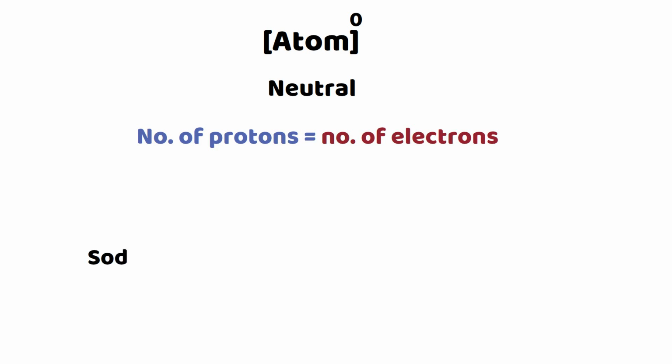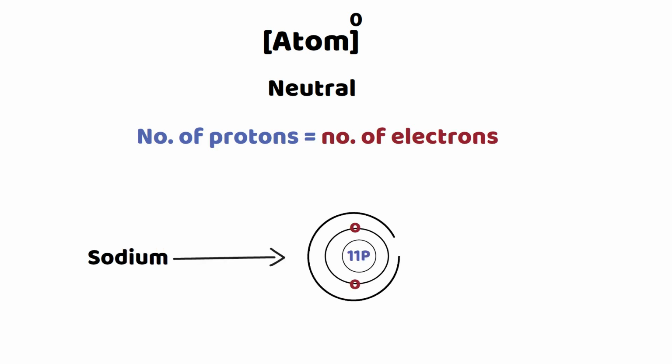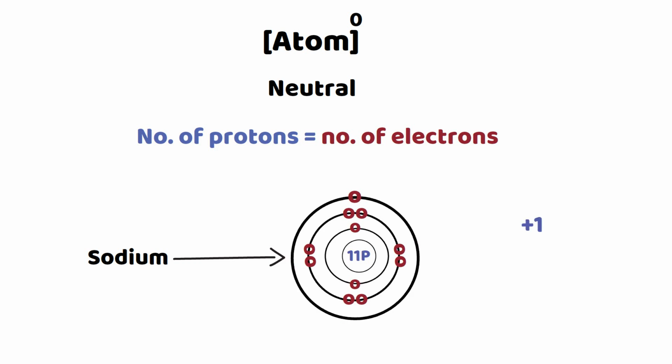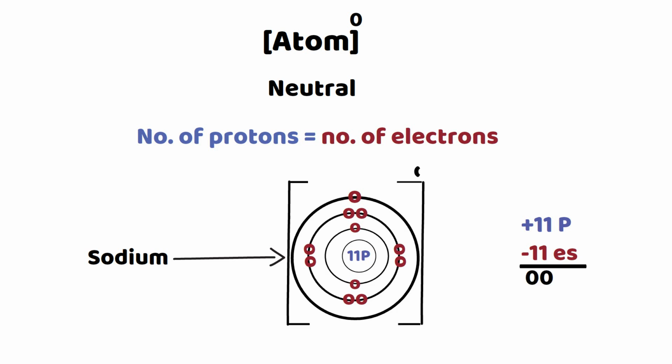For example, sodium has 11 protons in the nucleus and 11 electrons which are placed in the three shells. The positively charged protons cancel the effect of negatively charged electrons, so there is no net charge on sodium atom.